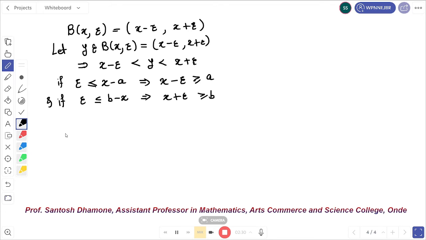Example 2. Let X be equal to R2, equal to R cross R, and d is the Euclidean metric.